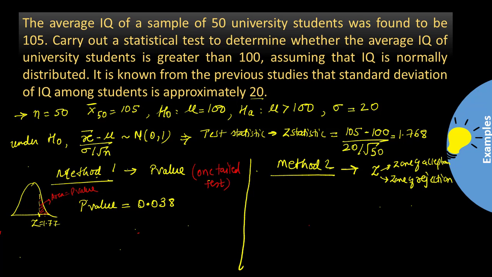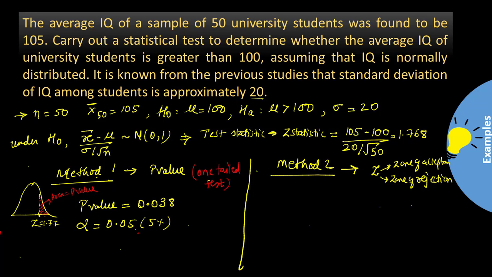Now we have to compare our p-value with the level of significance. As the level of significance is not given in the question, we can assume that the level of significance, that is alpha, is 0.05, that is 5%. Why have we assumed it?